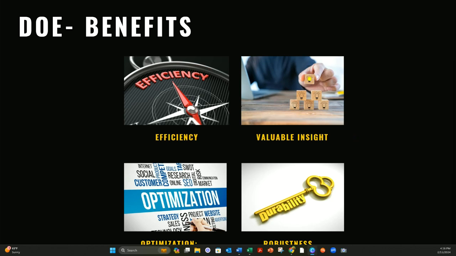And you can use it to connect the dots on improving organizational processes. How do we optimize our process? That's also going to be a metric in DOE. And creating that robustness or durability in our process is going to be king to process change.